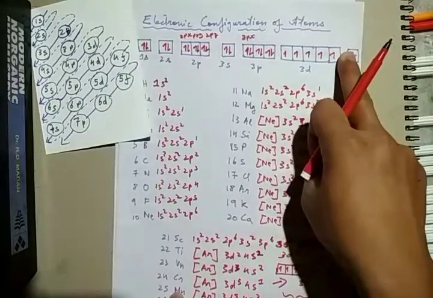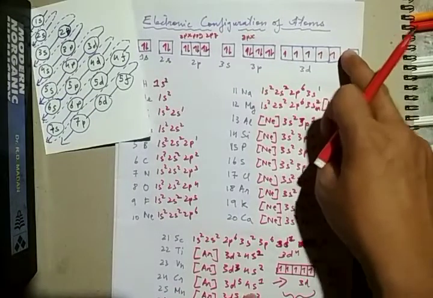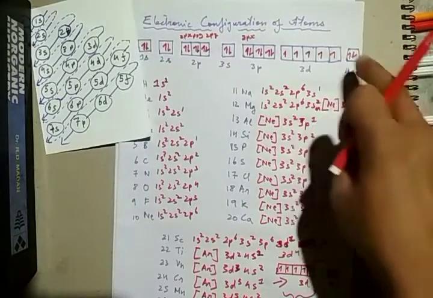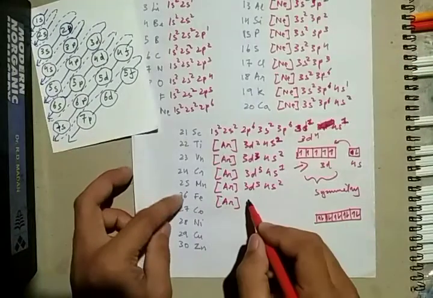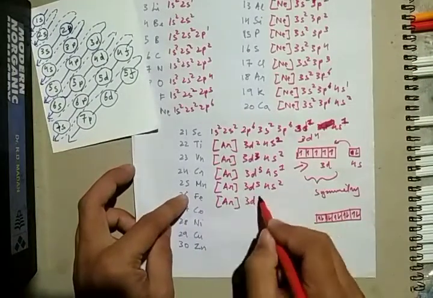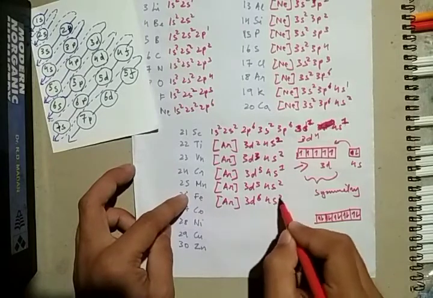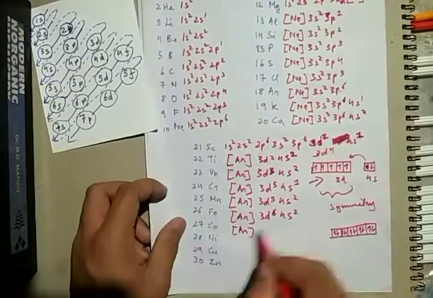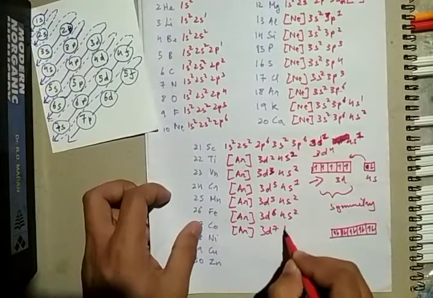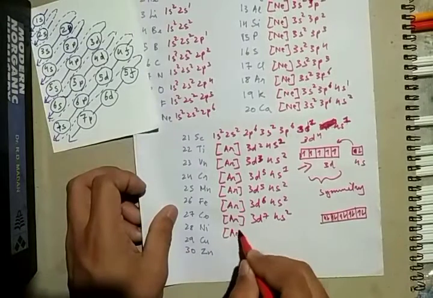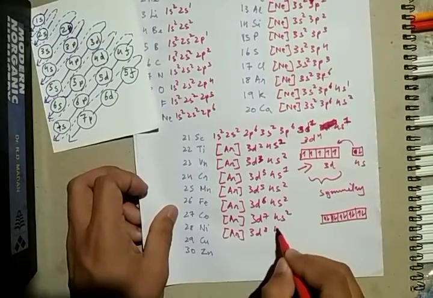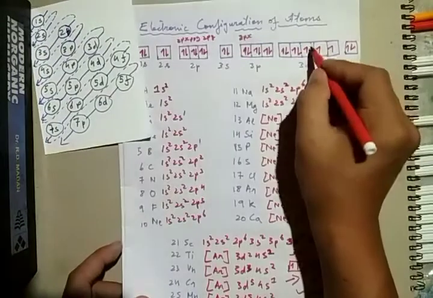For manganese, this becomes 2, so we add one electron here. For iron, 3d6 4s2, so pairing will take place. For cobalt, 3d7 4s2, pairing will take place. For nickel, 3d8 4s2, pairing will take place.